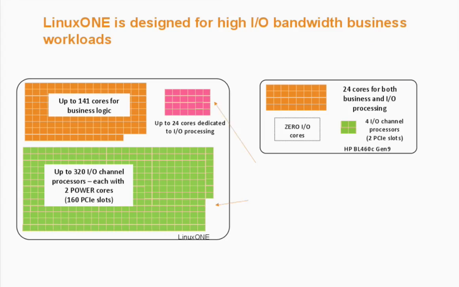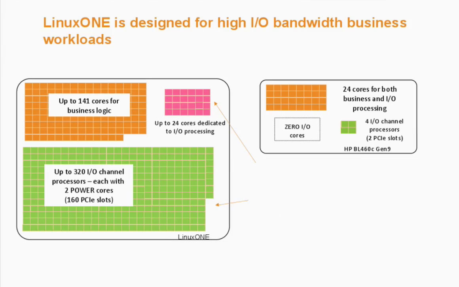One of the unique things within our architecture is that we have dedicated I/O processors within the rack. What that translates into is, if you have a workload that's heavy on I/O, a database application for example, it doesn't make a difference which database. It could be MongoDB, it could be DB2, it could be Oracle.